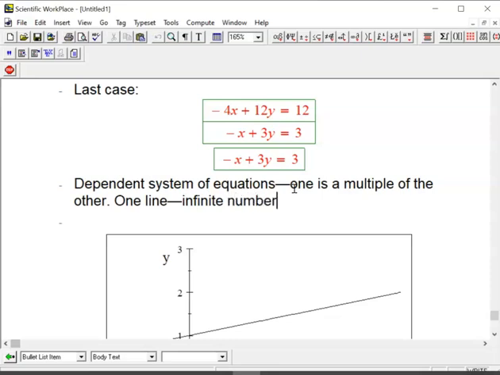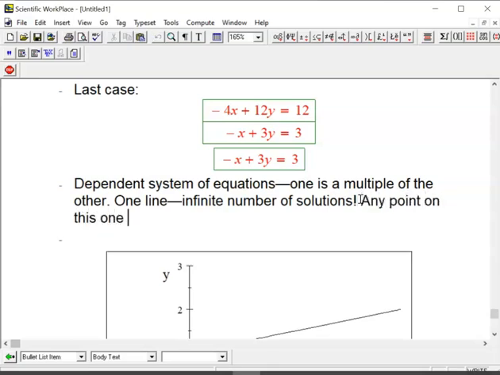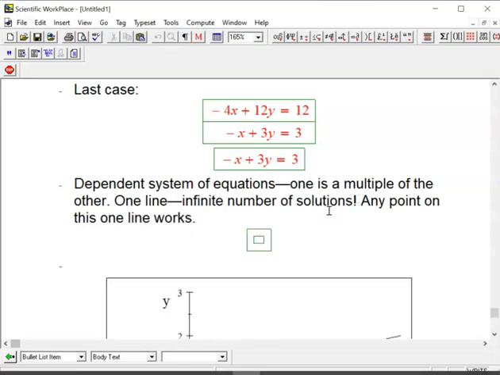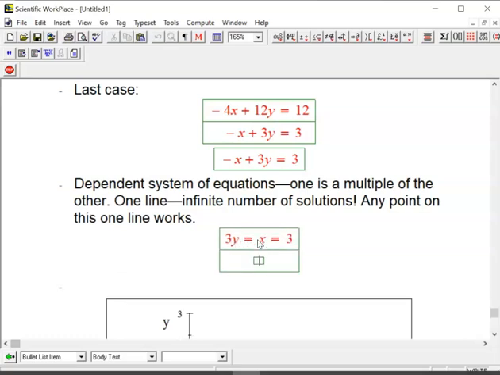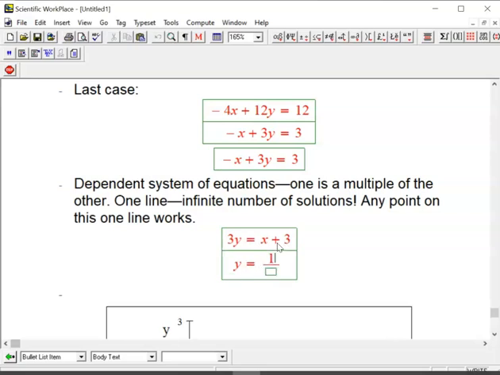Actually, if you like solutions, this is great. But we usually don't like this case. We usually like to have a unique solution. But here you get an infinite number of solutions. Any point on this one line works. Sometimes I might ask, can you give me the simplest version of that line? If you're going to say everything on that line works, then let's do what we've done a couple of times before, and solve for one of the variables in terms of the other.